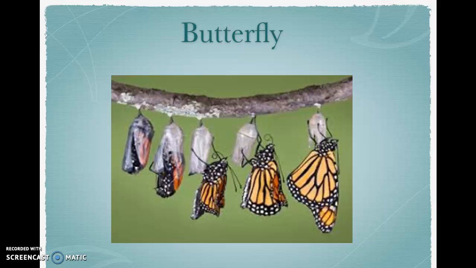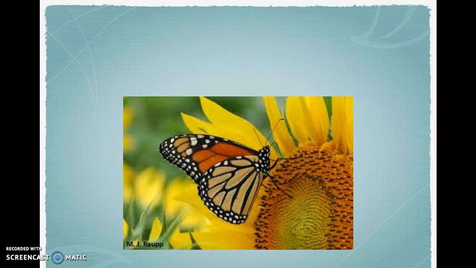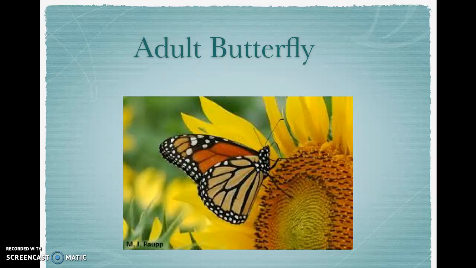And as soon as they start to fly, they can fly to find a mate, and then they can reproduce, and the whole butterfly life cycle starts over. So the final stage is just an adult butterfly, and an adult butterfly will eat the nectar from flowers and then go find a mate, reproduce, lay eggs, and it starts all over again.